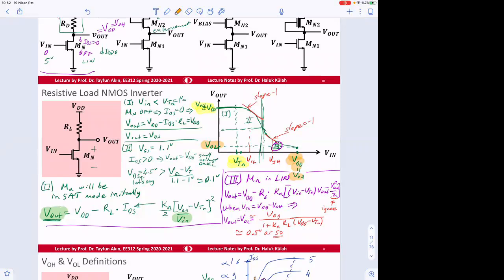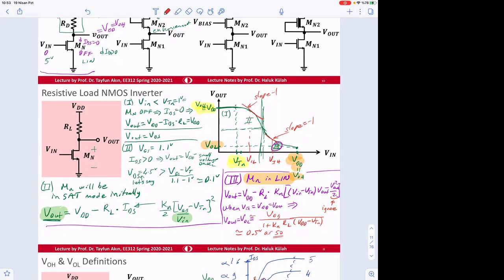We know that in this region, number 3, Mn is in linear mode. Since Mn is in the linear mode, we can write the linear equation of the transistor and then solve it.